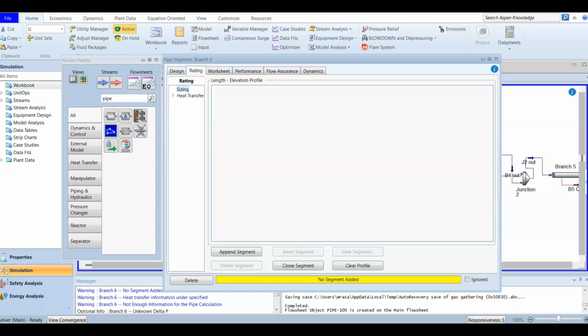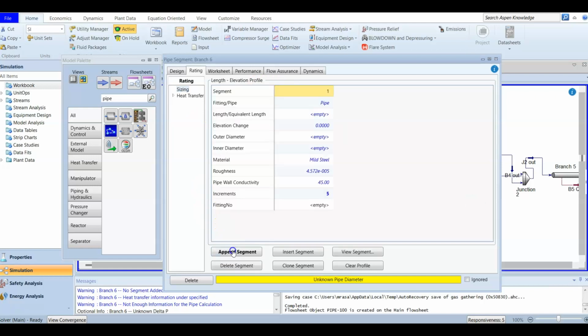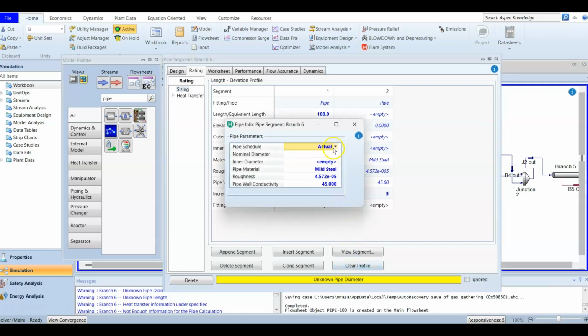In this case we have 2 segments, so from the sizing I'm going to add 2 segments, the first one and second one. The first one length is 180, and it's negative 7.6 under the ground, and we are going to view our segment to choose schedule number 14.